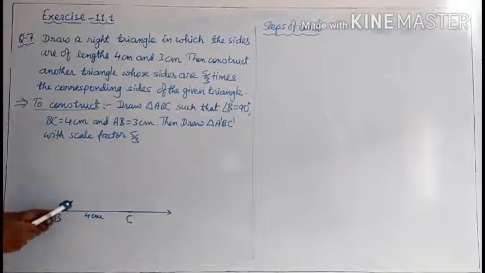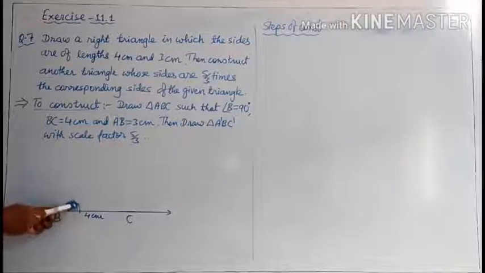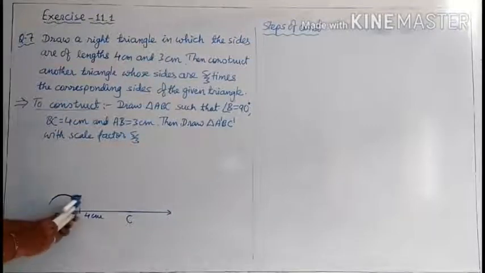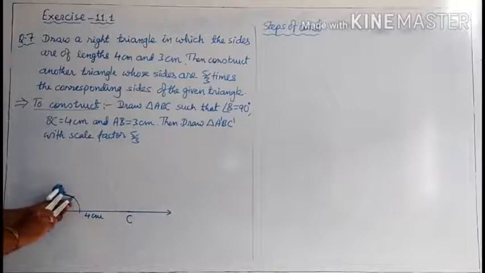So taking B as a center and a convenient radius, draw an arc. Then with this center and the same radius, draw an arc that is 60 degree.